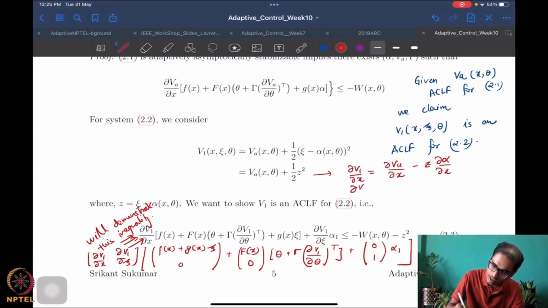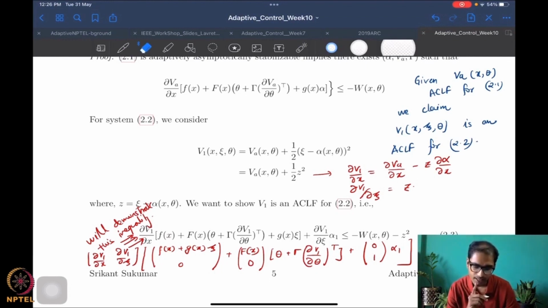And similarly, del v1 del psi is just z. I think that's correct.